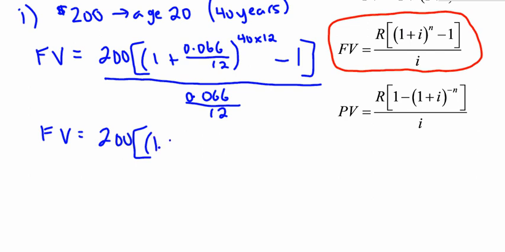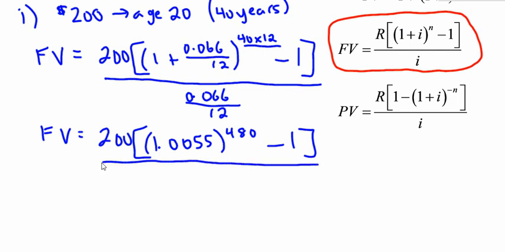So 1.0055, and the exponent is 40 times 12, so that's 480, and then subtract 1 and divide by 0.066 divided by 12. Of course, I've already done it above, I just added 1. So this is where I'm at. Now let's keep going.